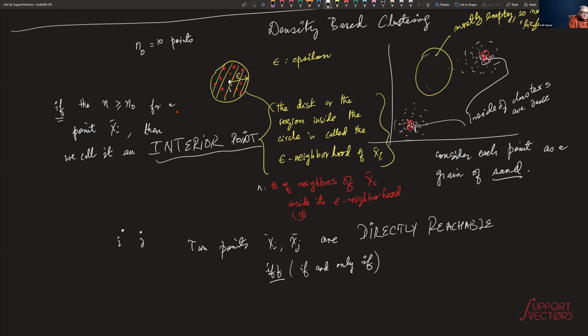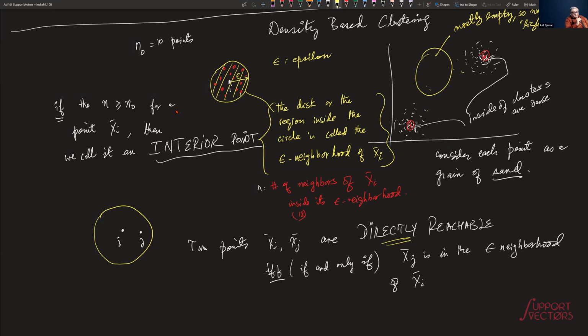It's a very common term used in mathematics. It means it has to be true both ways. If and only if j is in the epsilon neighborhood of xi. Are we together? In other words, at xi you have to draw a circle and j has to be inside. If j is outside, it is not directly reachable. So far, so good.